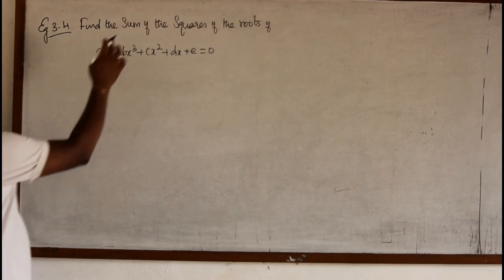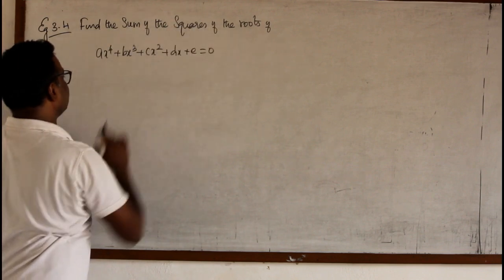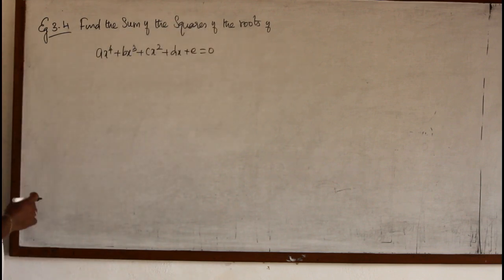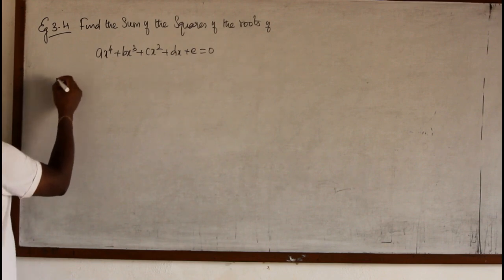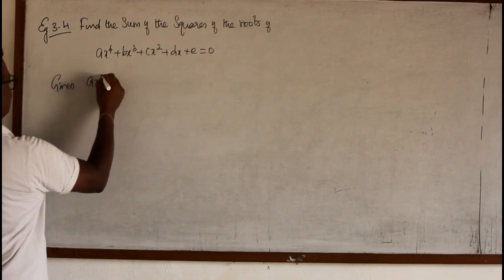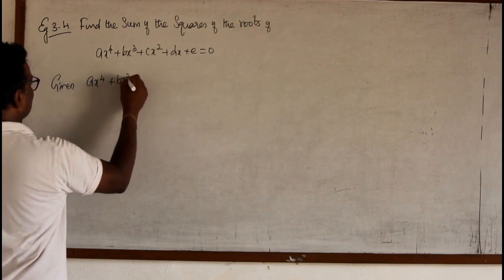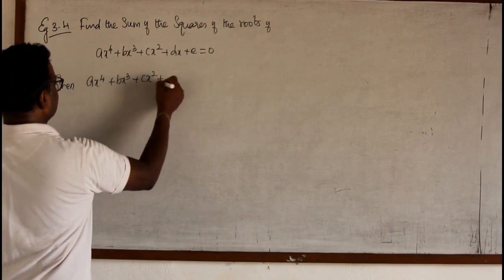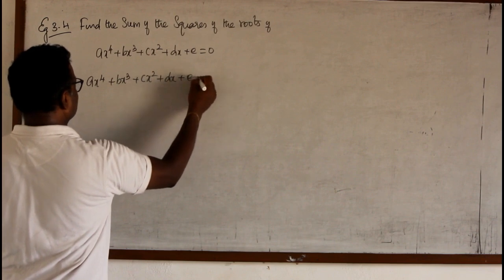So I have to find out the sum of the squares of the roots of this equation. Here the power is 4, so there will be 4 roots. So we shall take given ax power 4 plus bx cube plus cx square plus dx plus e equal to 0.